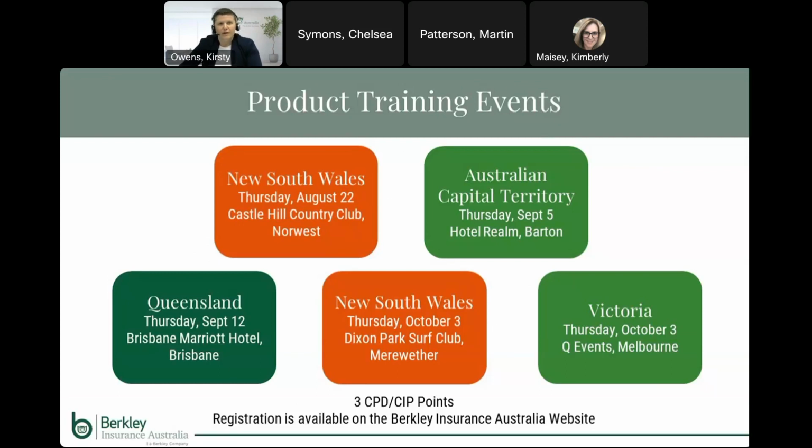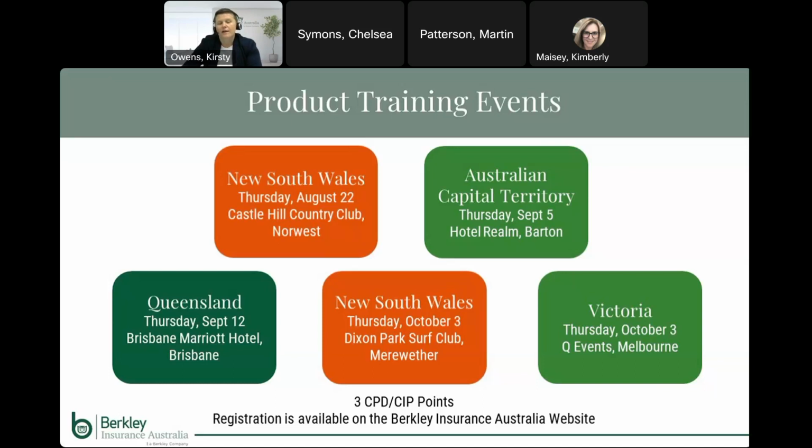So product training, we have been really focusing on product training all around Australia this year. We've been running events throughout particularly New South Wales and the ACT. We recently ran one in South Australia, and we have some more coming up in Queensland and also Victoria. Now, these sessions do cover bindIT, but they also talk about some of the key industry matters at the moment.